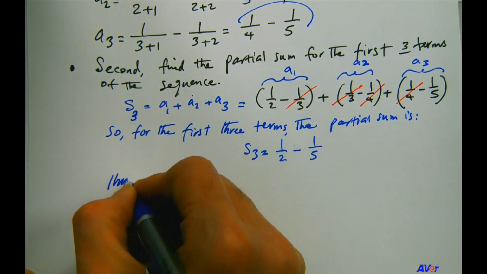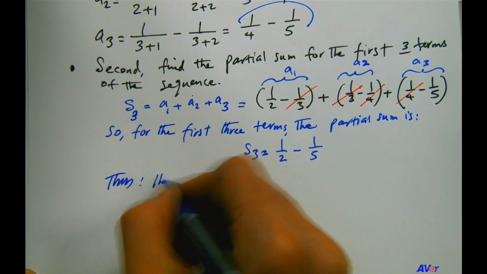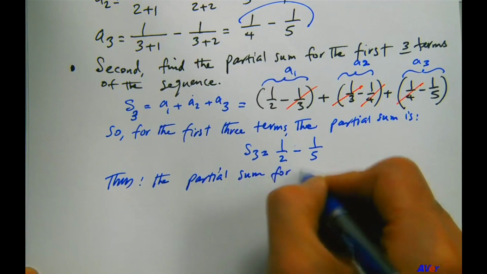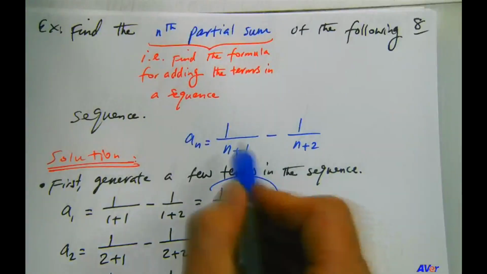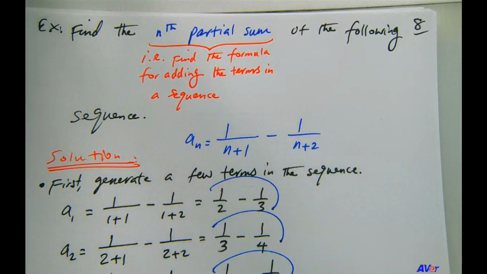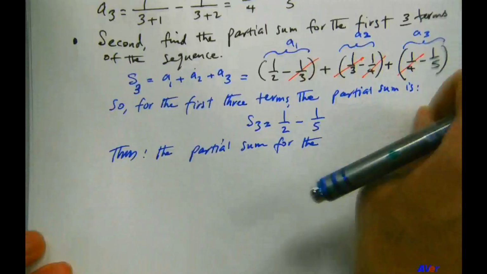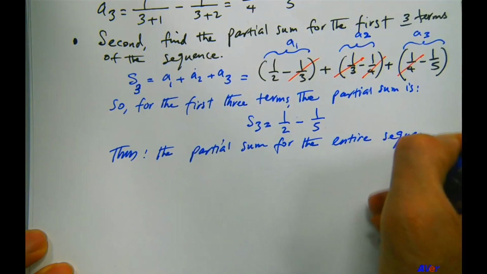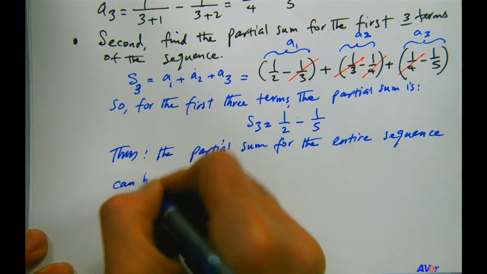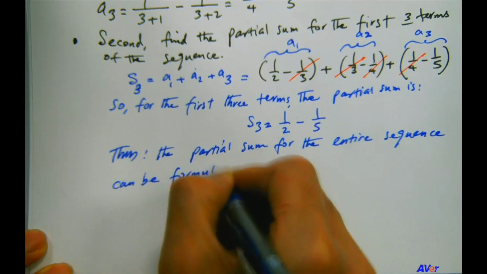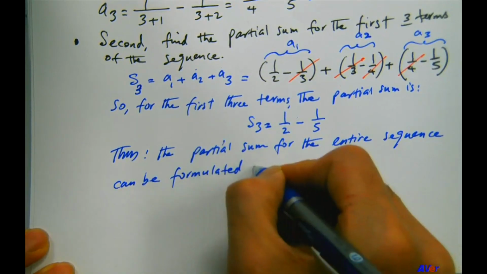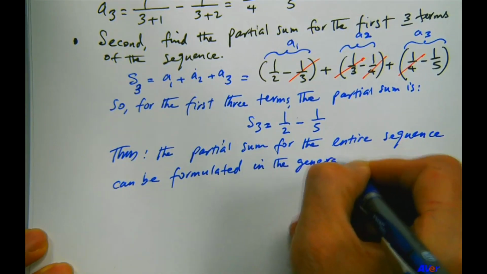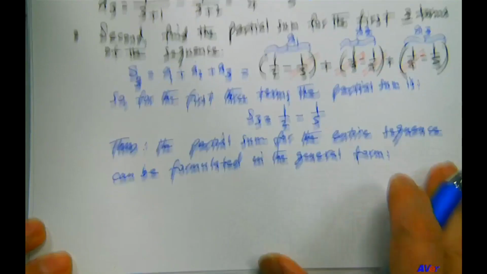Thus, the partial sum for the entire sequence, that's this sequence, can be formulated in the general form like this.